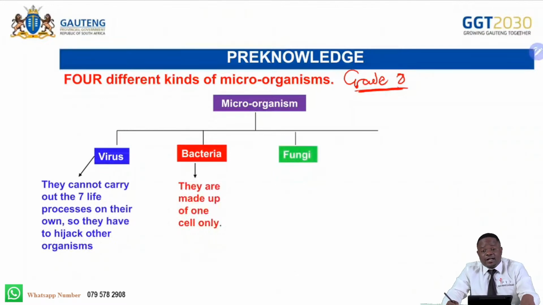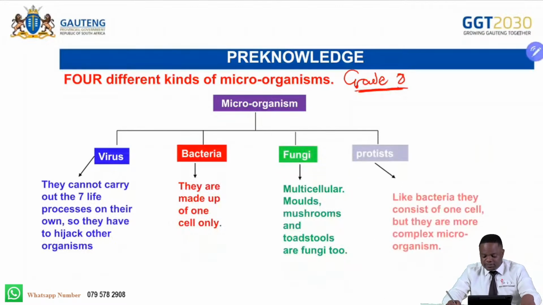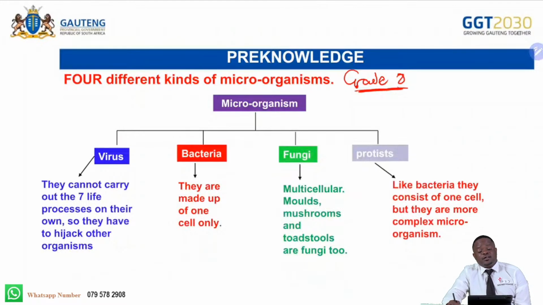Then we've got the fungi. Remember we said our fungi are multicellular. Typically, our molds. Remember we looked at the molds that form on our bread. Those are fungi. Then last but not least, we also spoke of protists, which, like bacteria, are unicellular organisms.